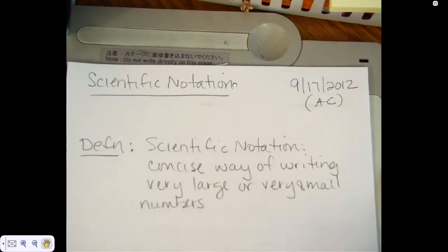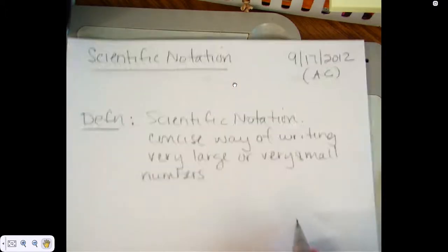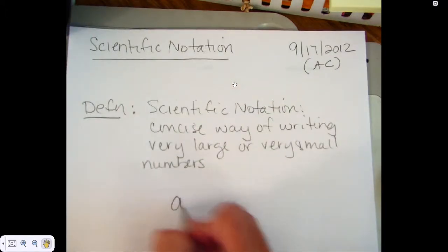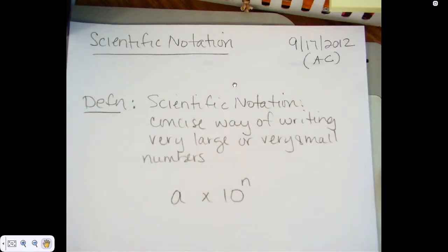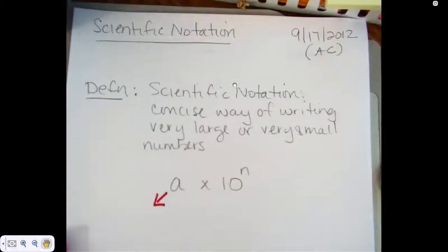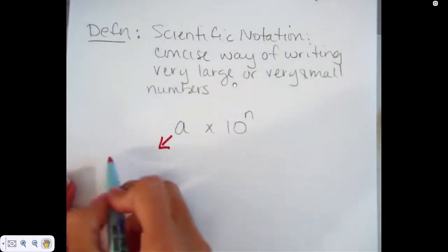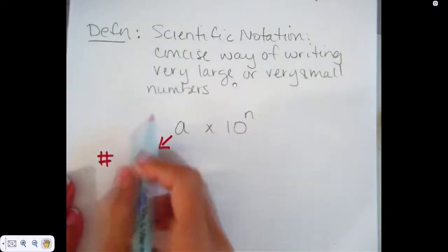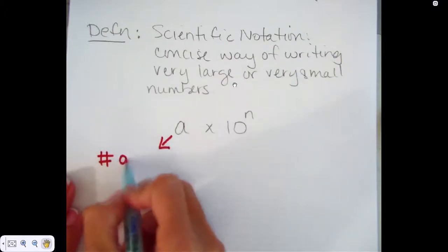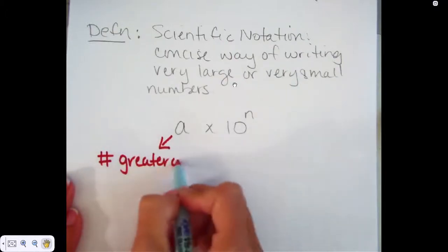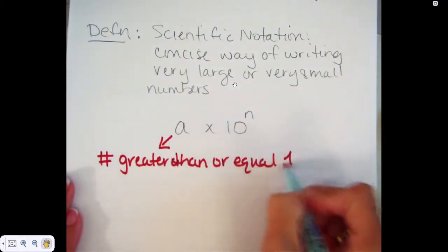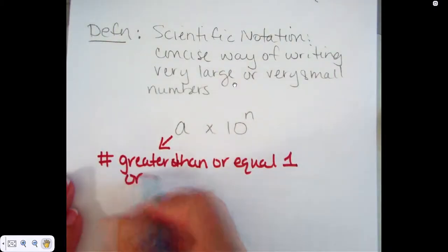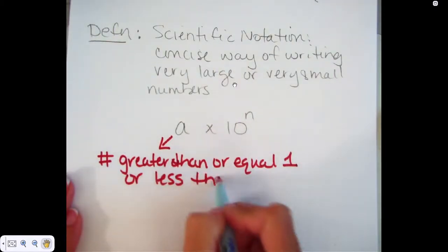Okay? Now, scientific notation is going to take the form of this. And what this means is A is a number greater than or equal to 1 or less than 10.